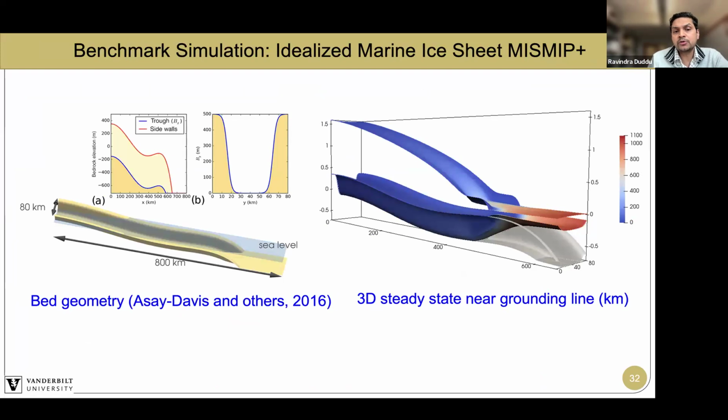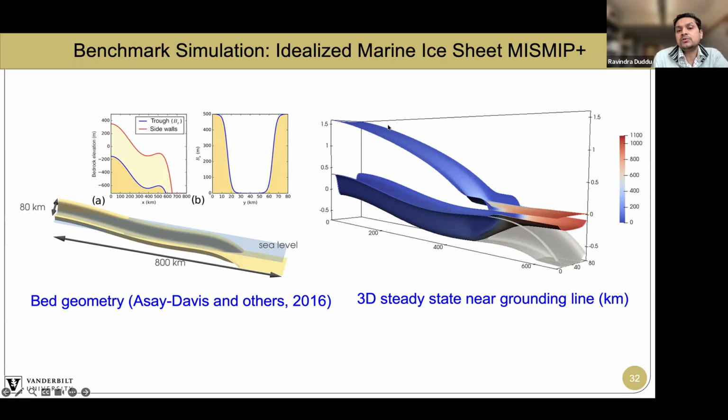So the first benchmark we did to see how this works out is the MISMIP plus case. This is in the second paper of Alex Huth in the James Journal, if you're interested. And the MISMIP plus has this interesting bed geometry where it's floating in these red regions and the other regions where it's actually grounded.